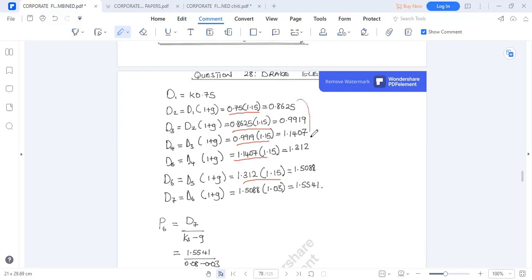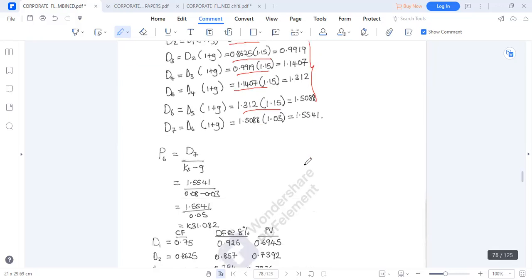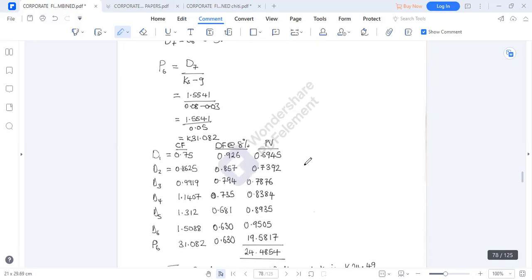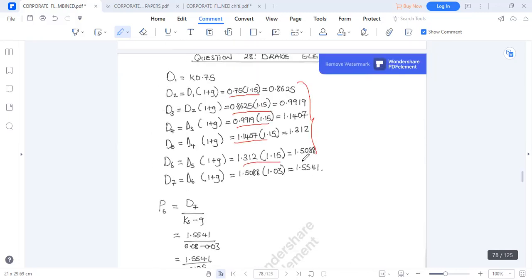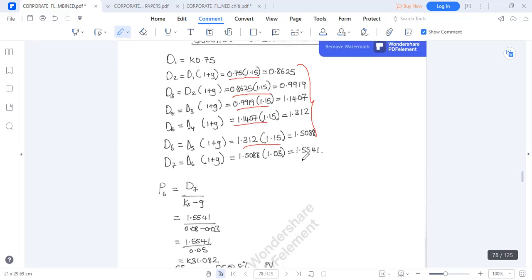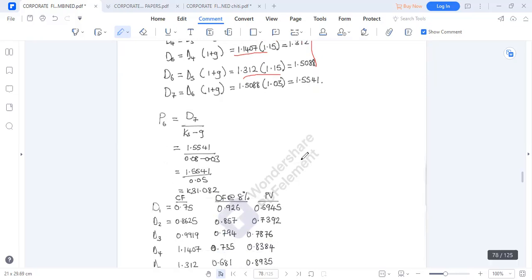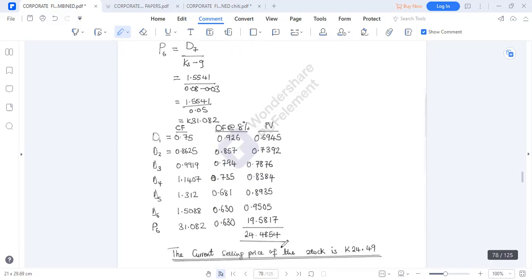Then for each of these, we're going to discount them with what? 15%. So this will give us the value of stock for the first 5 years, which was, I don't remember, but I was using a number line. So ultimately, I gave you the answer.